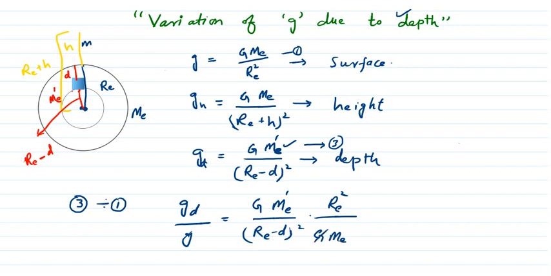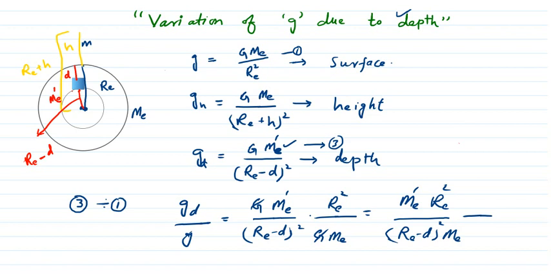Clear? This capital G will be cancelled out. Now we have Me prime Re squared divided by Re minus d whole square and Me.